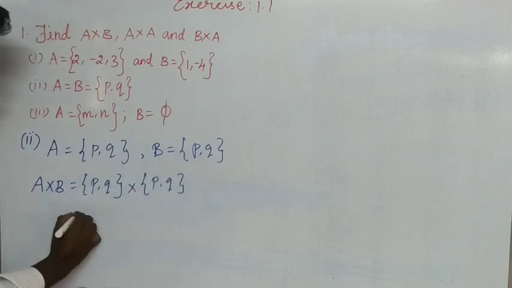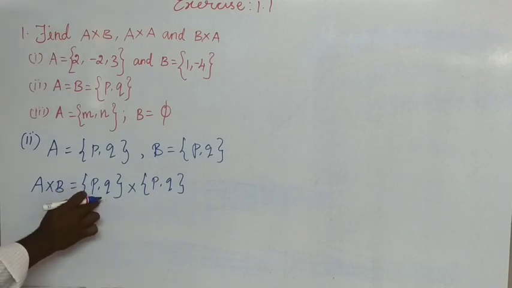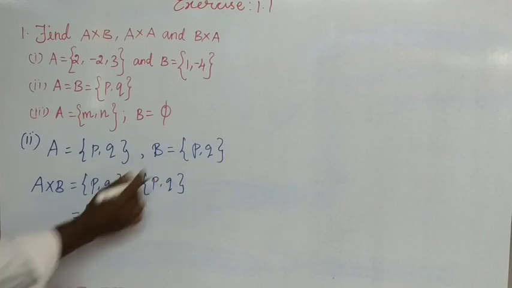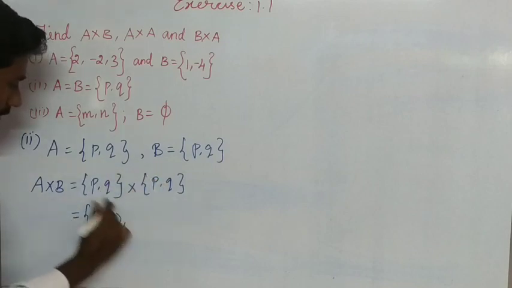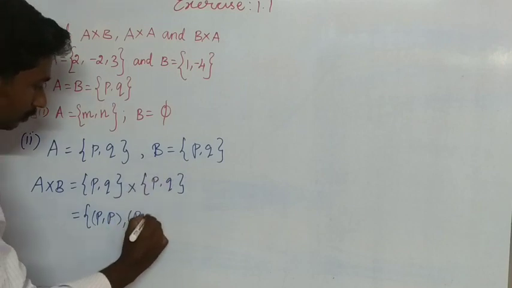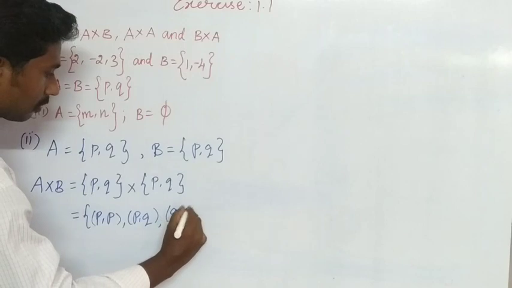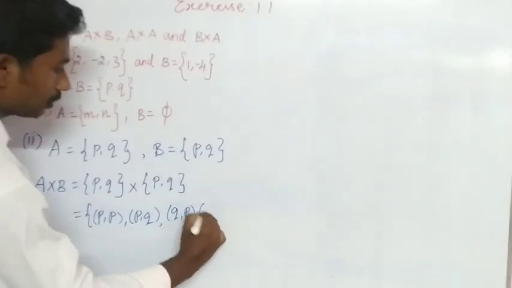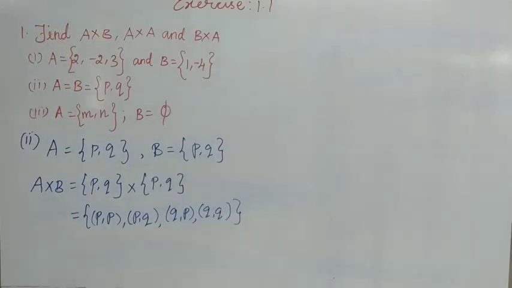Now we have to make the Cartesian product for A cross B. So first element in the first set with all the elements in the second set. So (P, P), then (P, Q), then (Q, P), then (Q, Q). These are the Cartesian product of A cross B.